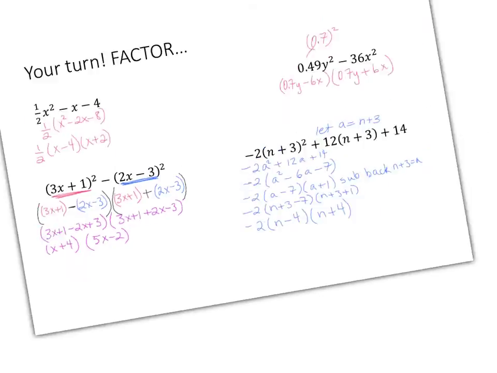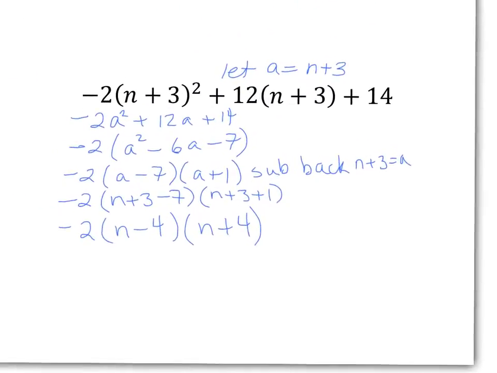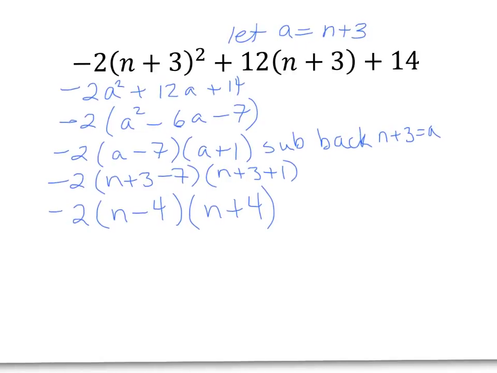All right, now, sorry. Okay, here's your next one. This is the kind of question that we did earlier where you had to substitute. So we've got our substitution here, and we're letting a equal n plus 3 just so that it looks a little nicer. Once you've done that, factor out your negative 2. Make sure you actually factor the negative out, and double check those little things because they're very important.